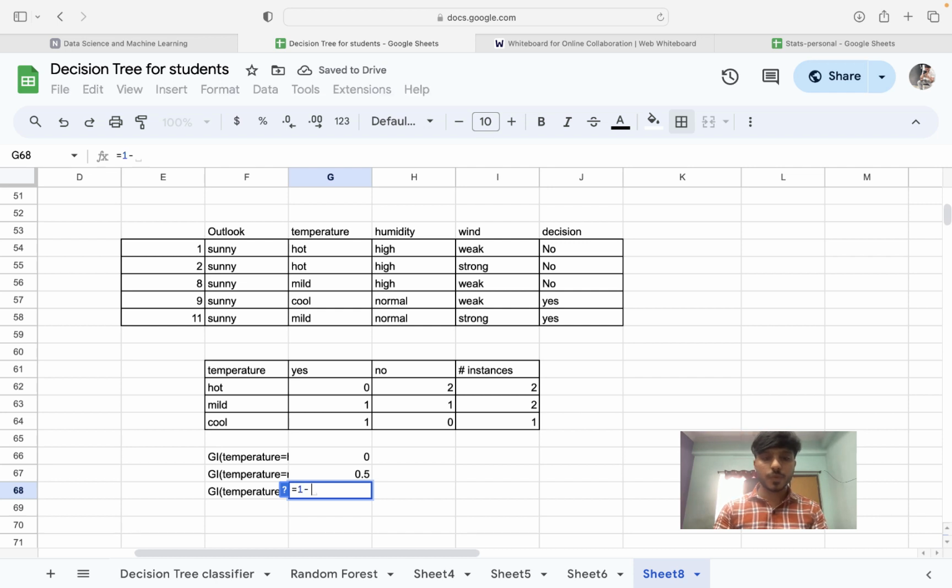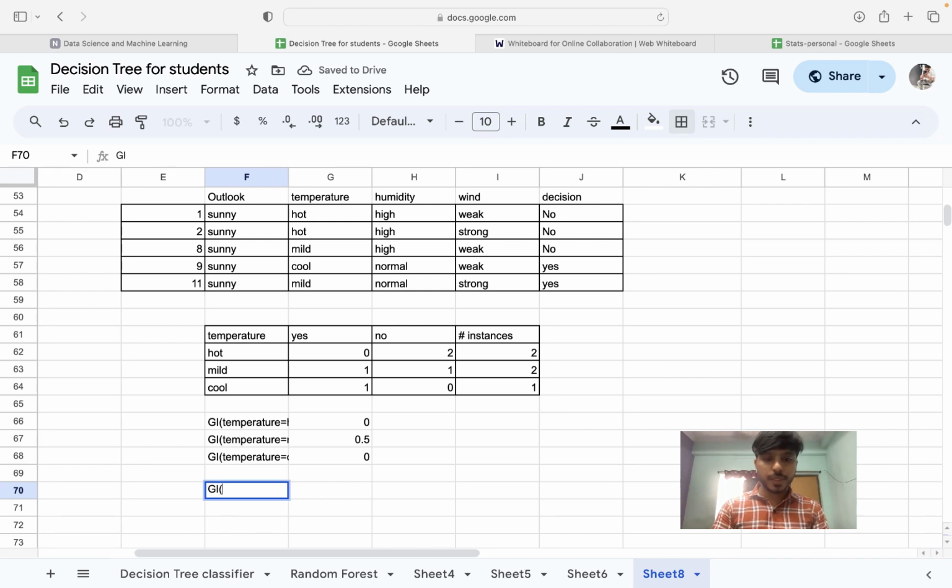For cool, 1 minus 1 by 1 whole square is 0. Now I need the overall Gini impurity, so the weighted sum. The total is 2 plus 2 plus 1, which is 5. So 2 by 5 into 0 is 0, plus 2 by 5 into 0.5, which gives 0.2. So that's our Gini impurity of temperature.